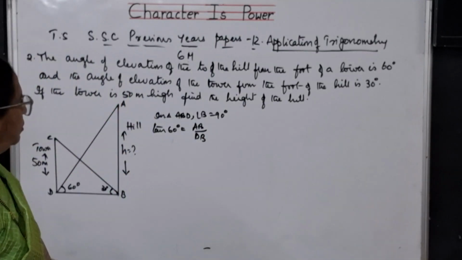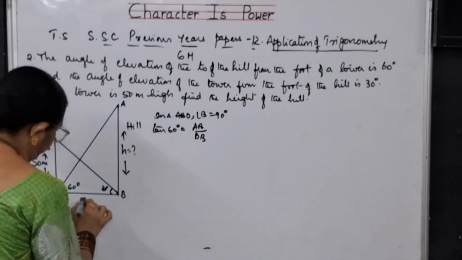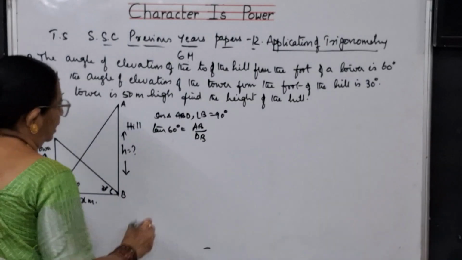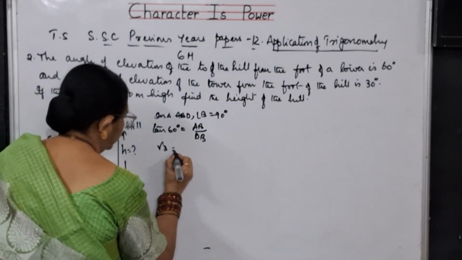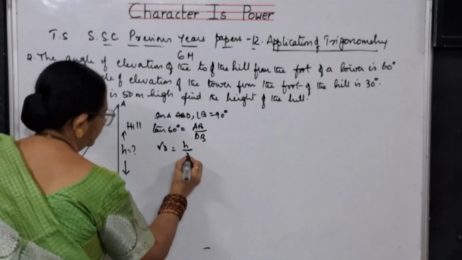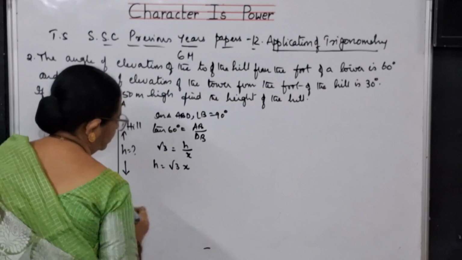The tower is 50 meters high, but this distance they have not given, so let us consider this distance as x meters. Tan 60 is root 3. AB is h by DB is x. So h is root 3x.